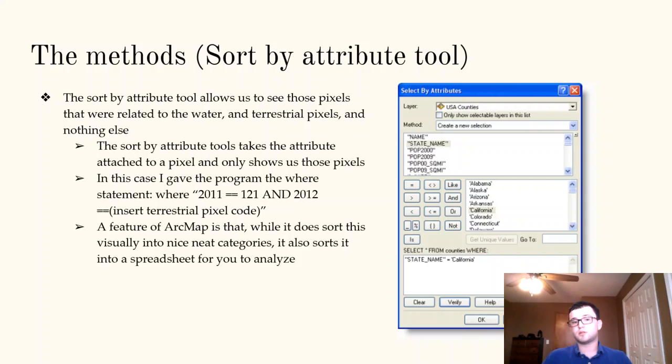So we really wanted to look at what is changing and how this open water is going to other terrestrial pixels. A feature of ArcMap is that while it sorts this visually into nice, neat categories, it also sorts it into a spreadsheet for you to analyze. So we were able to pull this up in Excel and really see graphically what was happening.